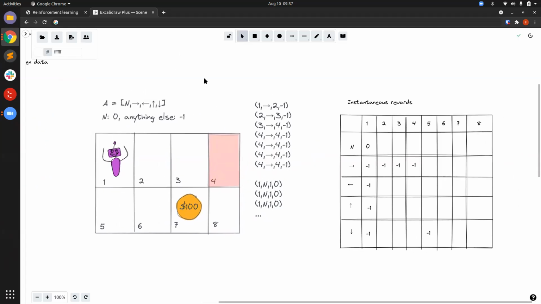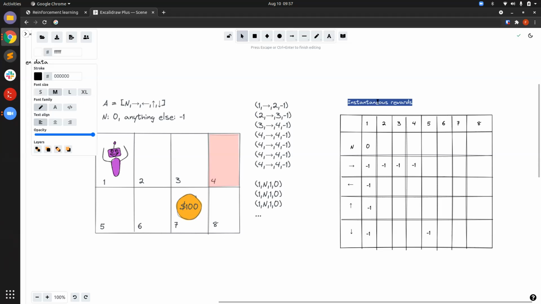Currently this table tells me that the optimal policy if I'm in state 1 is to do nothing. But that's because it's only looking at the instantaneous rewards. So we don't only want to look at instantaneous rewards. We want to look at, let's say, the Q values.